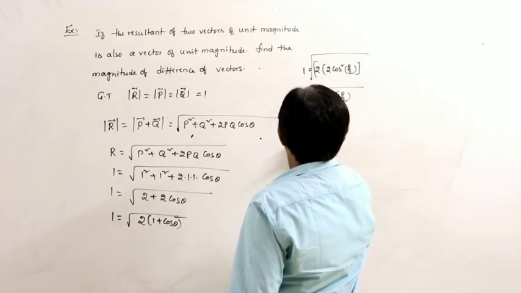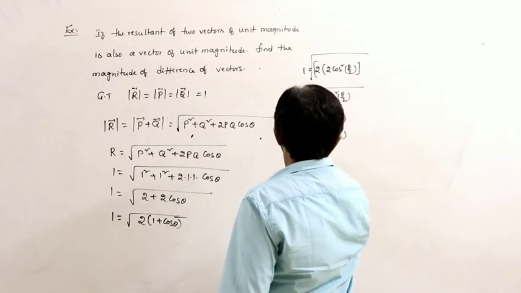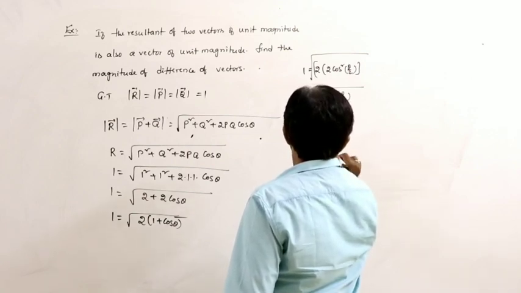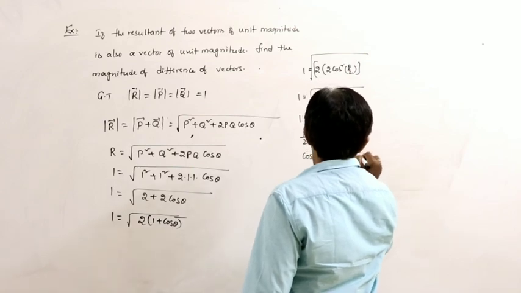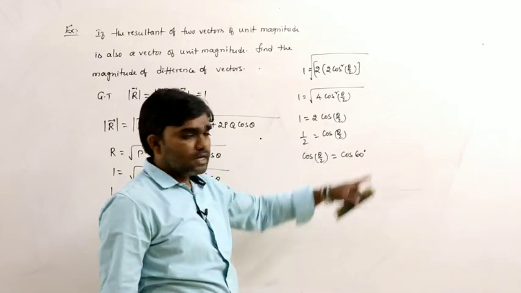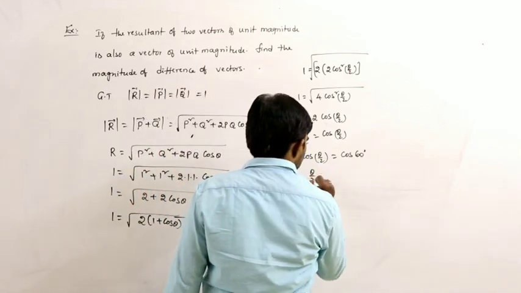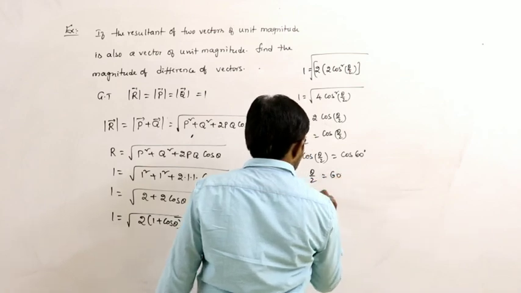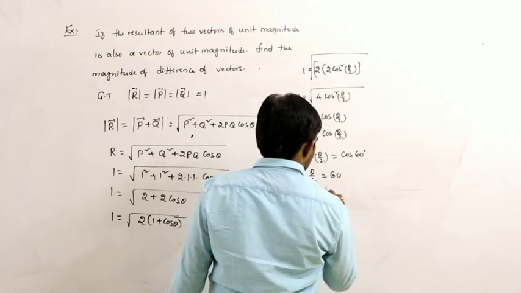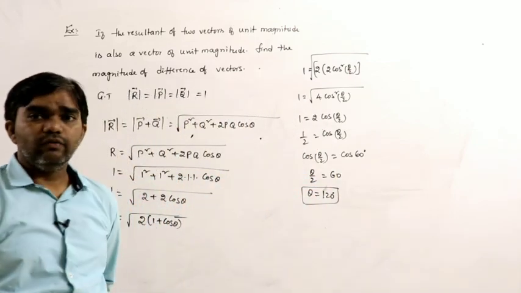So 1 by 2 is equal to cos theta by 2, and 1 by 2 is nothing but cos 60. Applying cos inverse, theta by 2 is equal to 60, then theta is equal to 120 degrees.